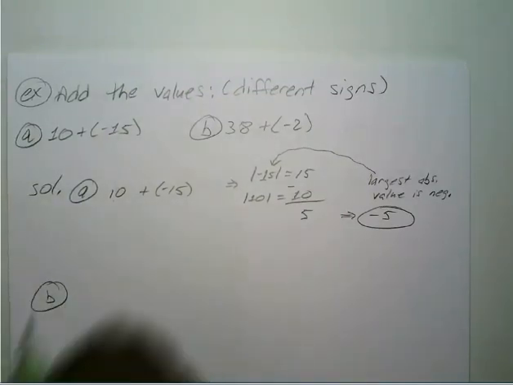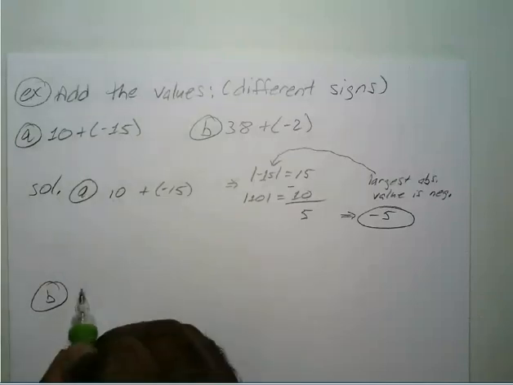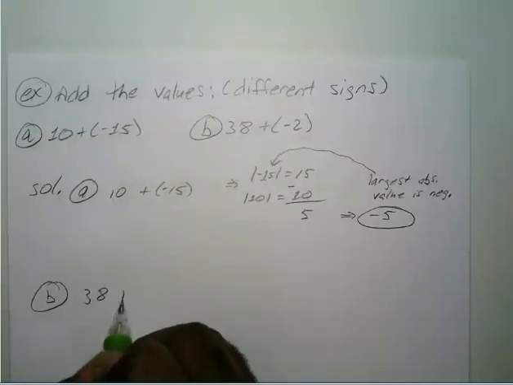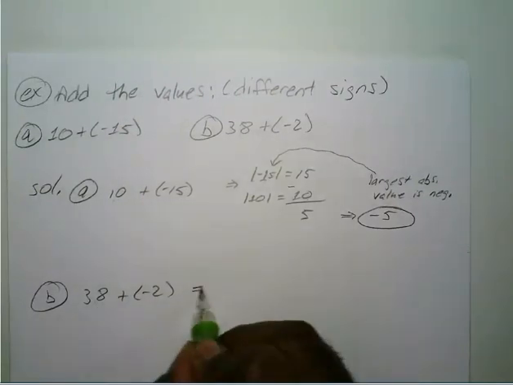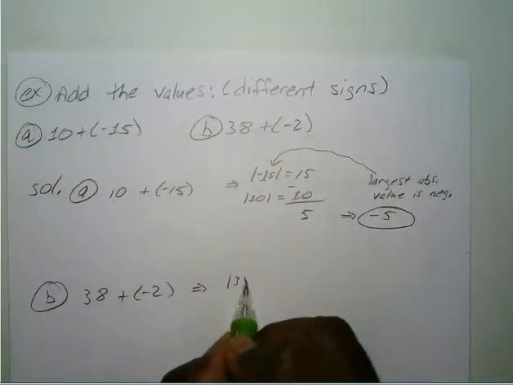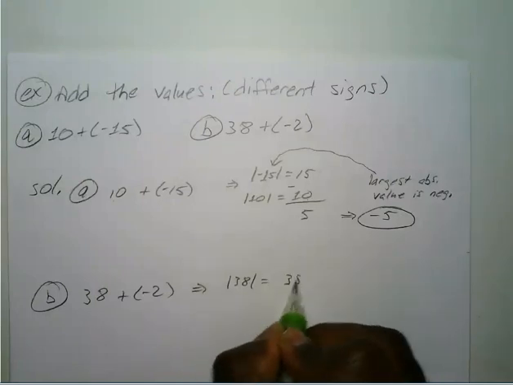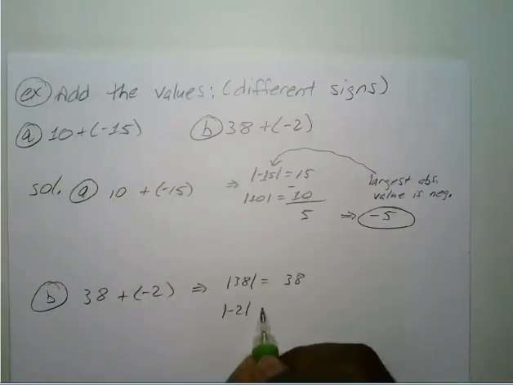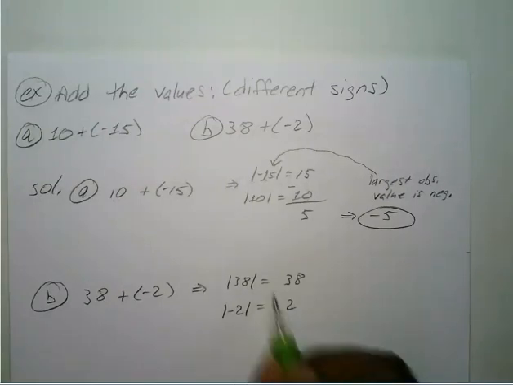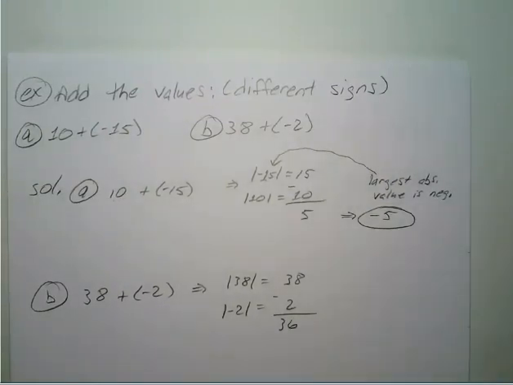Okay. So for problem B, we have 38 plus negative 2. 38 is our largest absolute value in this one. So the absolute value of 38 is just 38, and the absolute value of negative 2 is just 2. We subtract them and we get 36.